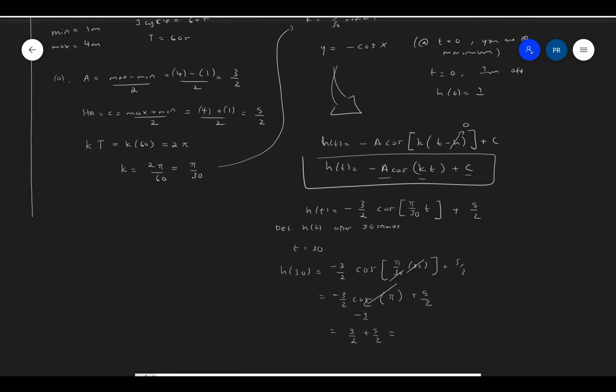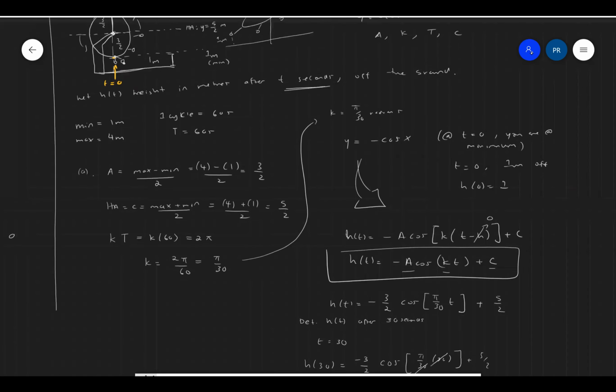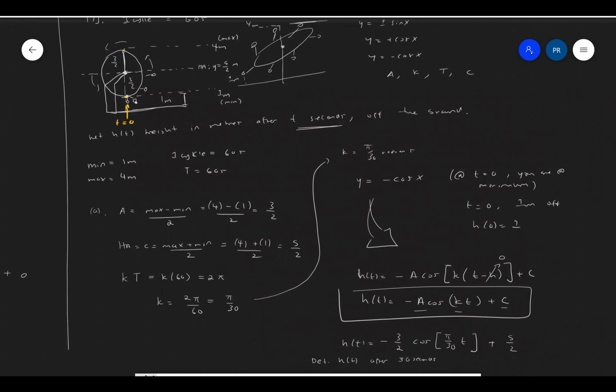And the sum here is basically 7 over 2, which is 3.5 meters, right? So it's really close to the peak here, which is 4 meters, right? And you should not see a value that exceeds the 4 meters because then that means you're doing it wrong. The range of this height here, h of t, should be between 1 meter and 4 meters. Okay, so think about that in terms of your drawings, guys.